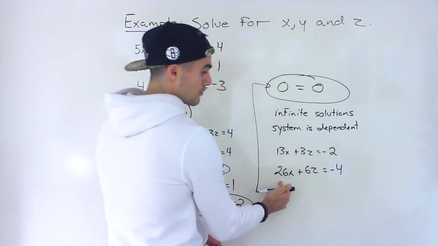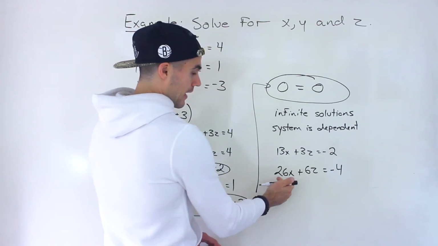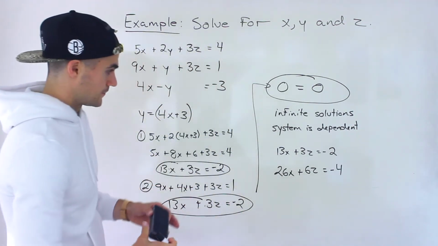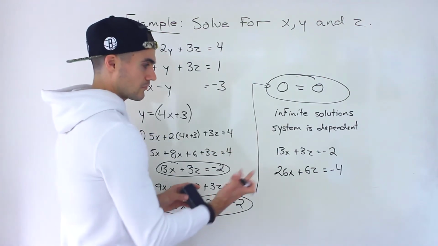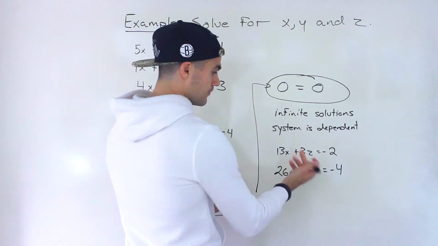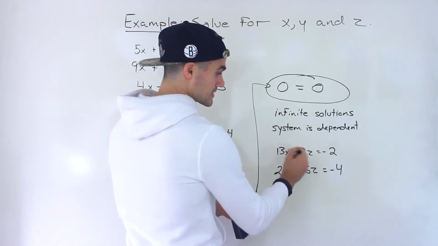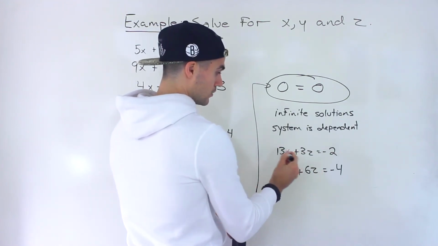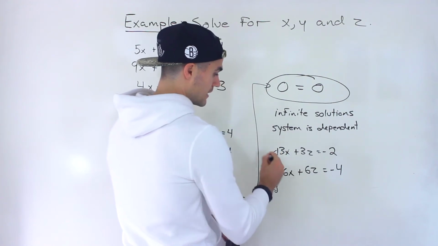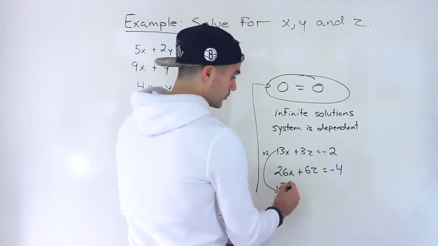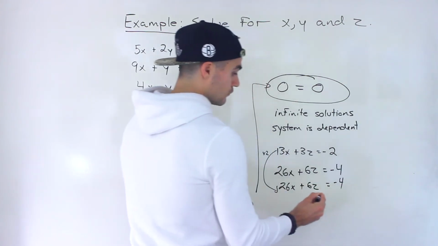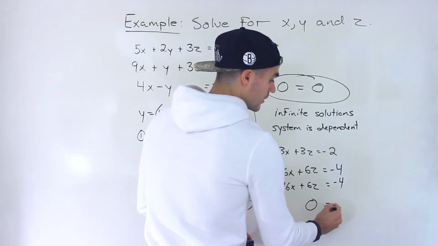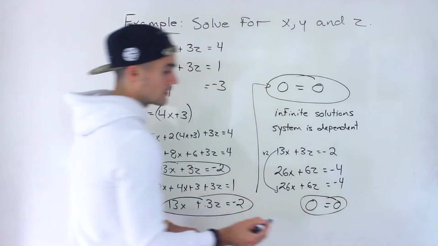So let's say you got these two instead, and then you tried to find the solution between x and z. If you did elimination, let's say you multiplied this by 2, you'd end up with 26x plus 6z is equal to -4. And then when you subtract everything, you'd end up with 0 is equal to 0 again.